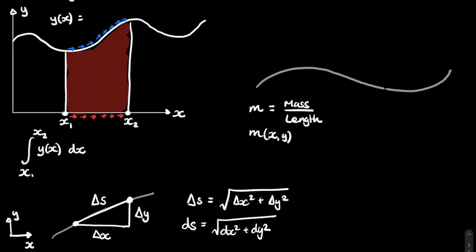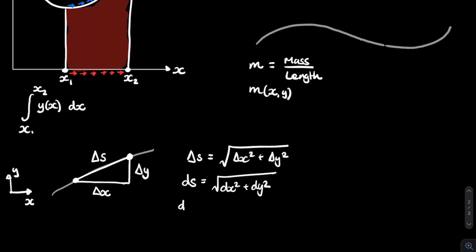And so what I can actually do is a little bit of rearranging and get that ds is, if I divide everything in the square root by dx squared, so what am I going to get? I'm going to get dx squared over dx squared plus dy squared over dx squared.